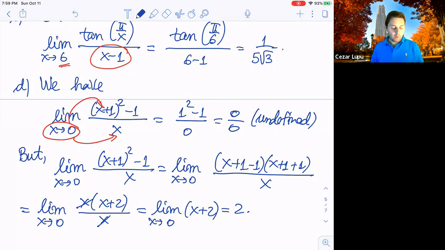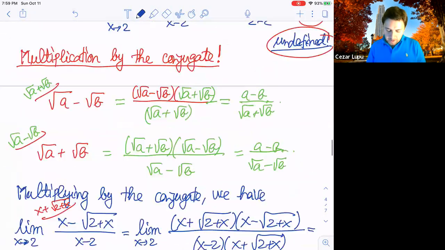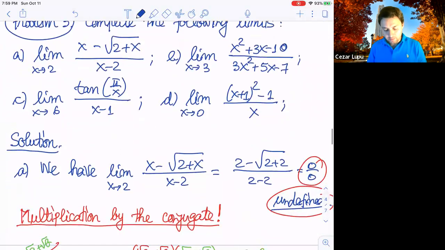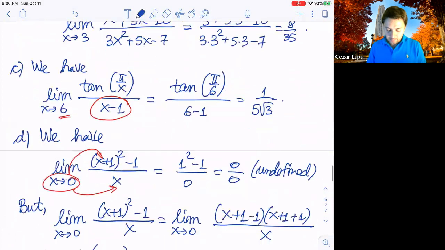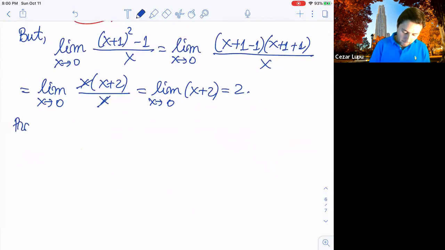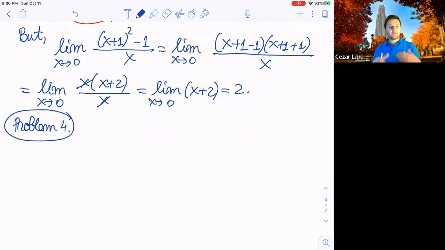Okay. Now I would like to compute some other, a little bit more fancy limits. So problem number 4. Because I want to show you a variety of problems and how to deal with them.